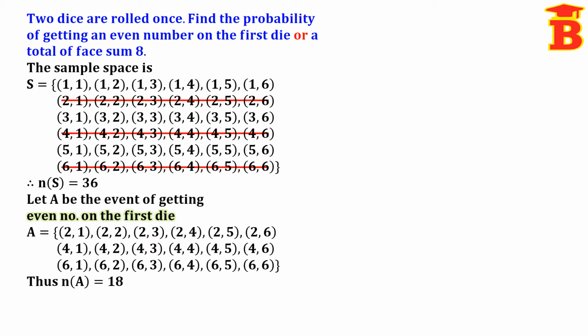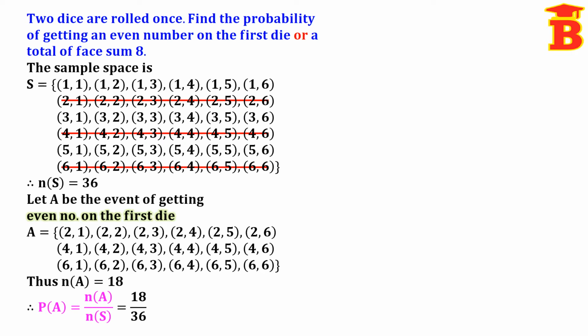Therefore n(A) equals 18. Now using the formula P(A) equals n(A) divided by n(S), we get 18 divided by 36. n(A) is 18, n(S) is 36. And please don't cancel the number here. Let us simplify finally.